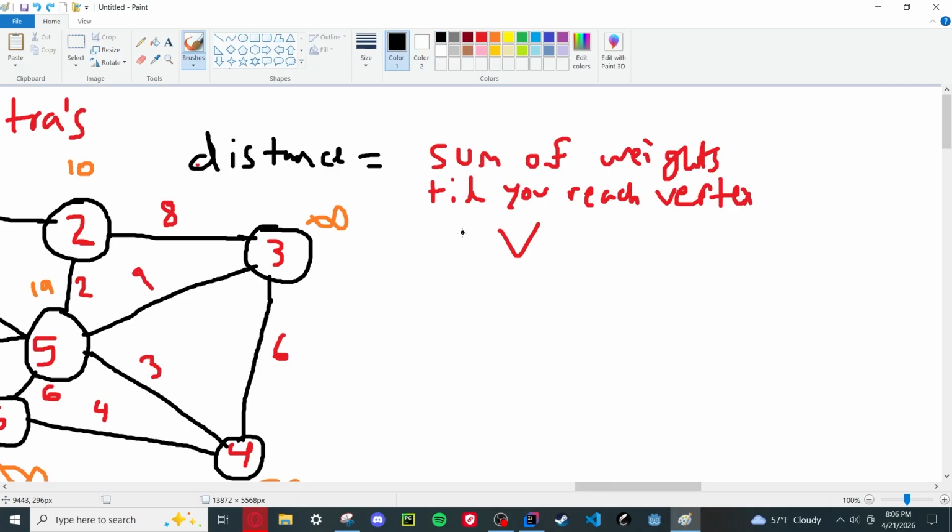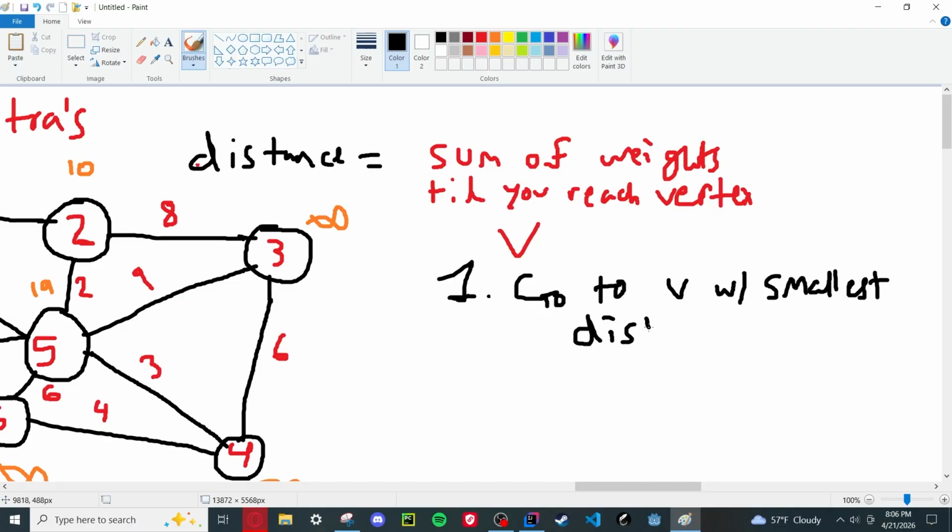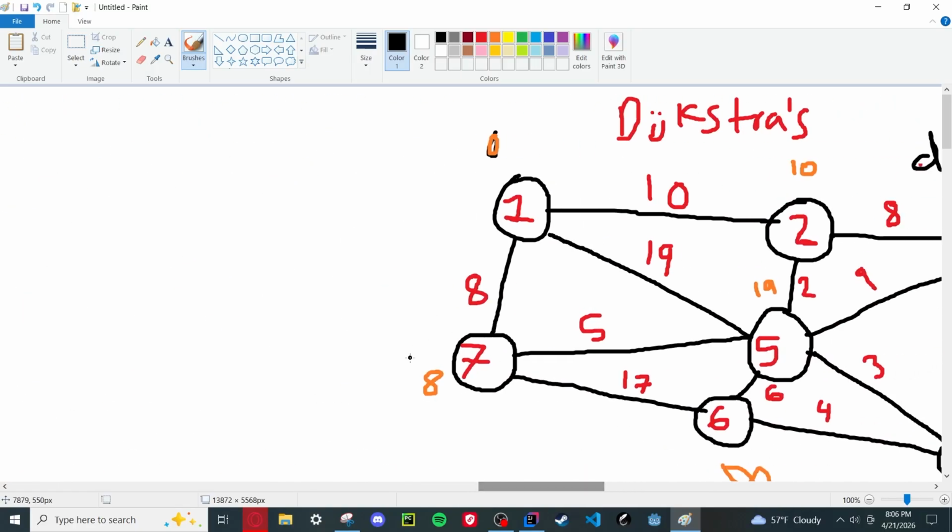So then Dijkstra's next step. Step 1, go to the vertex with the smallest distance. I'm here at 1.